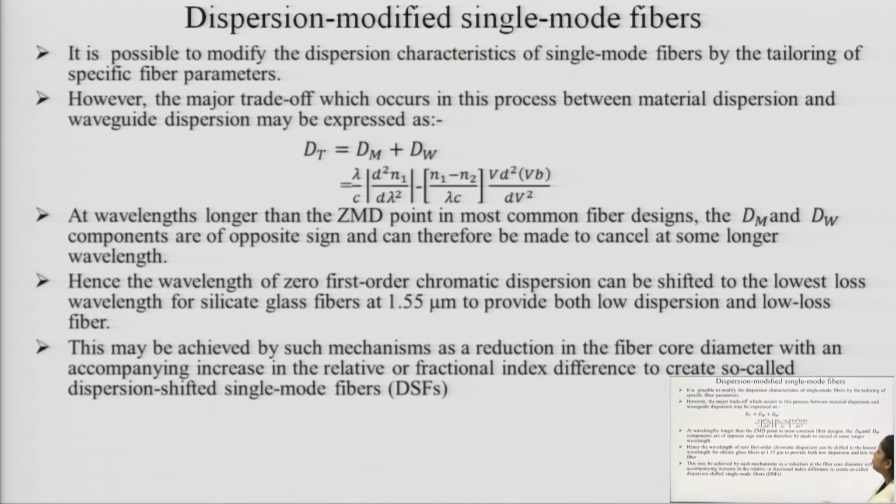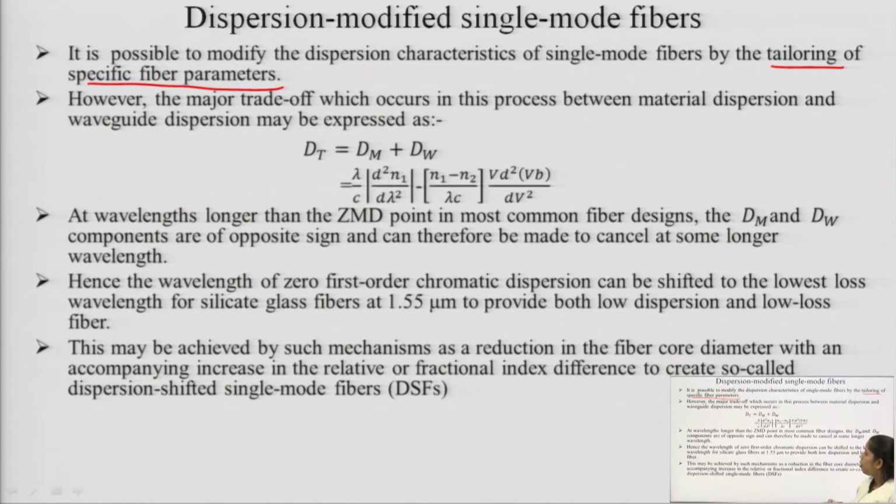It is possible to modify the dispersion characteristic of a single mode fiber by tailoring specific fiber parameters. What does this mean? Something we add, something we subtract, so by adding or subtracting some parameters, by making changes in some parameters, we can have the dispersion modified single mode fiber.